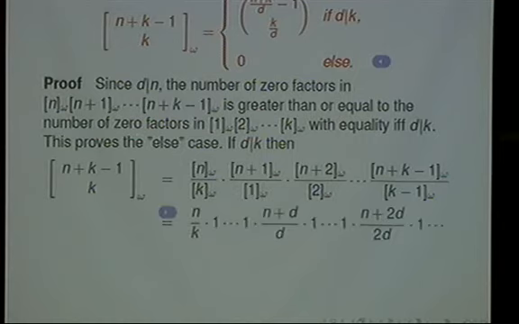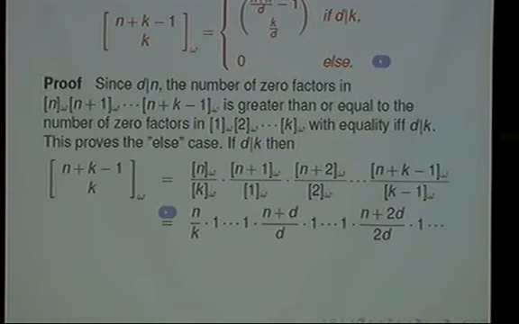Let me just remind you: if they're both divisible by d, you get the ratio of the corresponding integers, and if they're not both divisible by d, you just get 1. So you're going to get n over k here, and then d minus 1 ones. And then the next one you're going to get is n plus d over d, and then d minus 1 ones, et cetera.